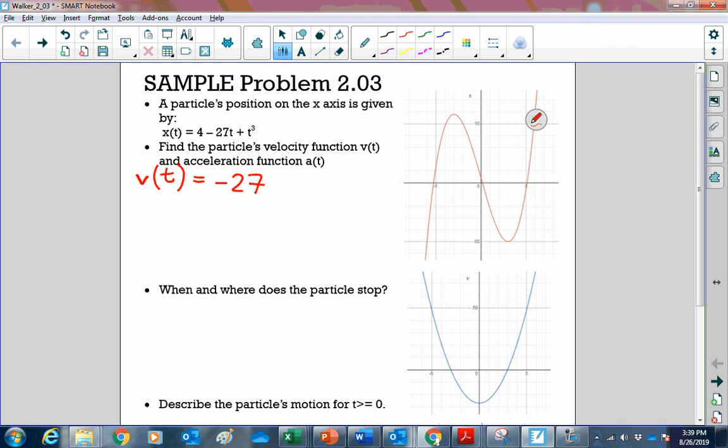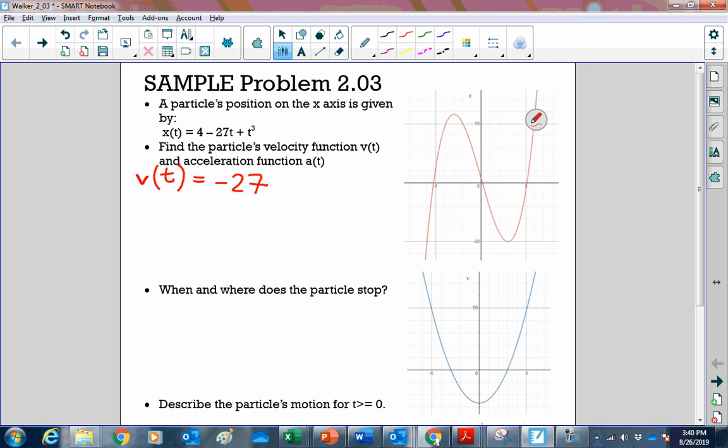And then I decrement the exponent, or I take the exponent and subtract 1 from it. Well, 1 minus 1 is 0. So the new exponent is 0. t to the 0 is just 1. So now I just have negative 27 there.